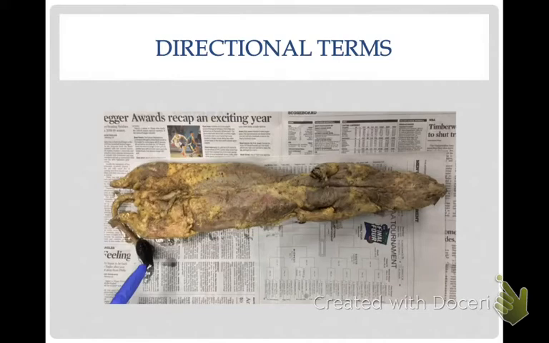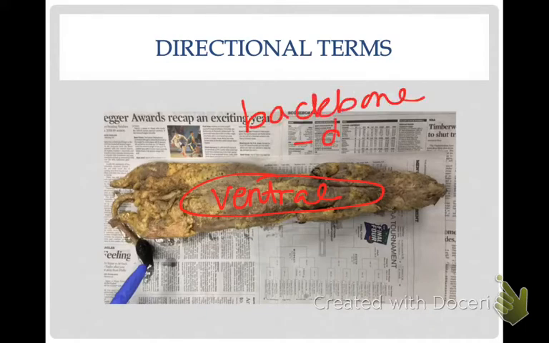On here you can't see dorsal because dorsal means the backbone. But this belly area is what we call the ventral surface. And then dorsal would be the backbone. So I'll just write that out for you. Dorsal is the backbone, and we can't see that on this picture.